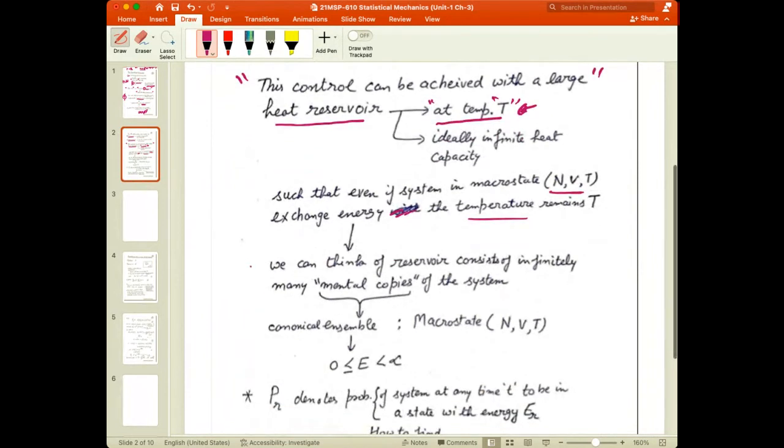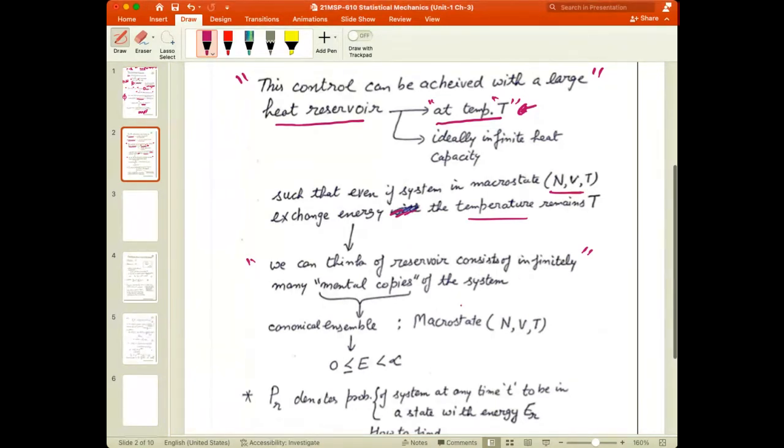Now, the other way around, you can also think of the situation where your heat reservoir is made up of a large number of systems which are copies of your system under consideration. All are mental copies of each other, all at the same temperature, but they can exchange energy now.